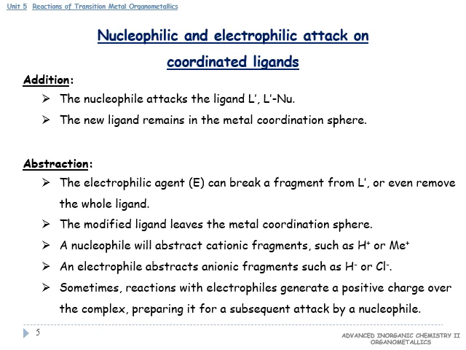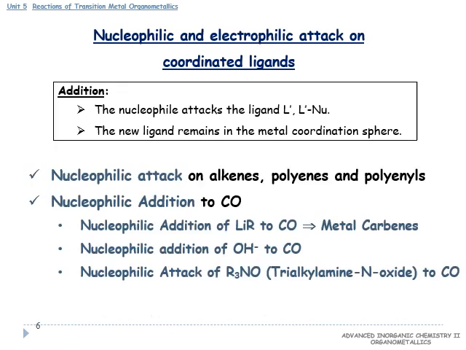Often, reaction with an electrophile generates a positive charge on the complex and prepares it for subsequent attack by a nucleophile. We will start having a look at addition reactions, starting with nucleophilic attack on alkenes, polyenes and polyenyls. Then, in the next video, we will go on with nucleophilic addition to the carbonyl group.